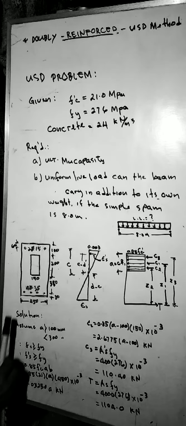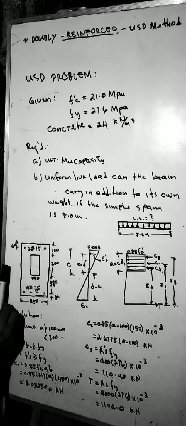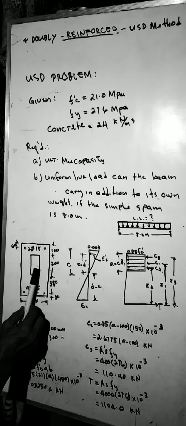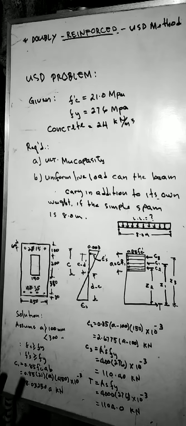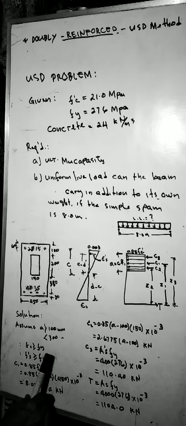That is our assumption: maybe the neutral axis is passing through this hole, which is actually a blank. And we also assume fs' is greater than or equal to fy, or f's is greater than or equal to fy. This is a tension failure. We assume the section is a tension failure.